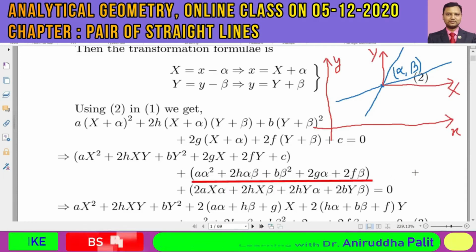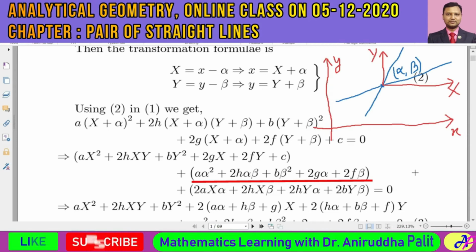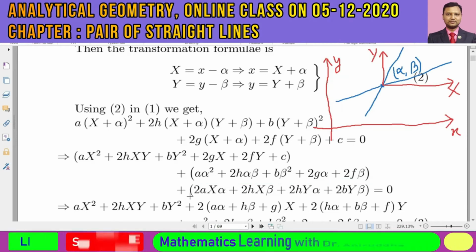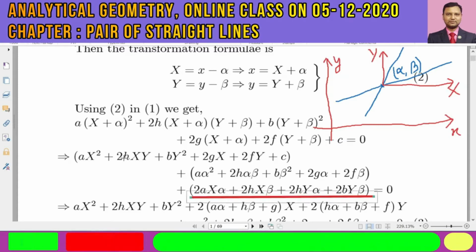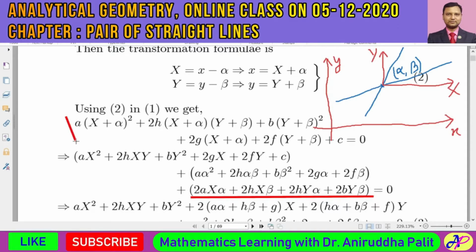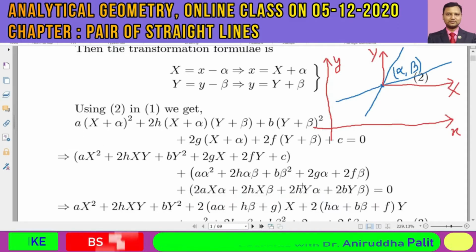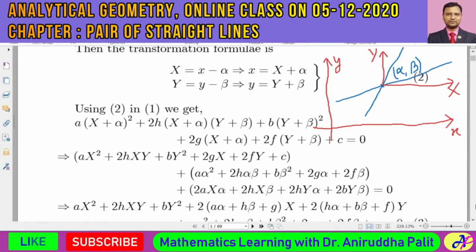Over here in place of x and y we have alpha and beta, and the rest of the terms are written over here. This is the remaining terms after the expansion of this expression. Hopefully this much is okay for you.